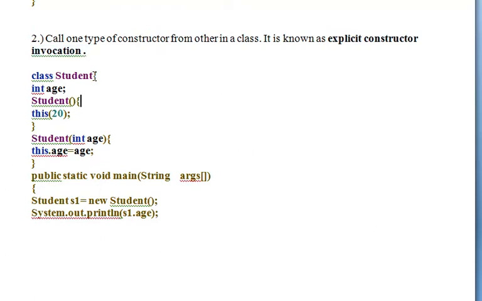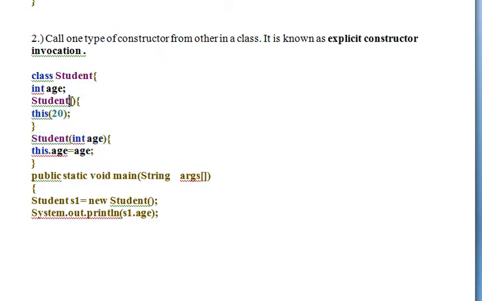Now class student, again student is the class name, age is the instance variable. Here student is the non-parameterized constructor because it is not having any formal parameters inside it. Definition of the constructor starts here. This bracket starts and the bracket close is the call that is made to the constructor with parameter, one parameter of integer type, which is this(20).